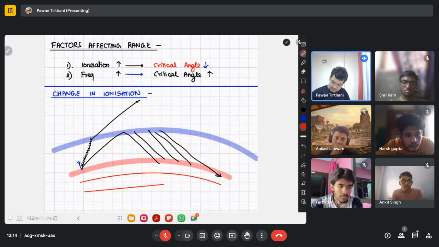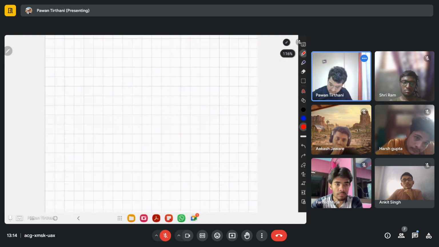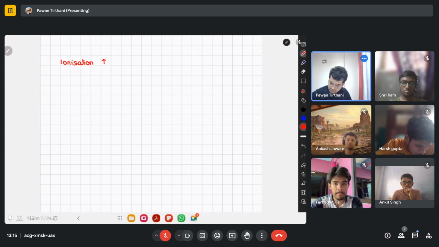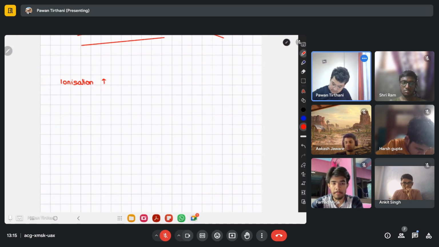Very good. So whenever ionization increases, the critical angle decreases.